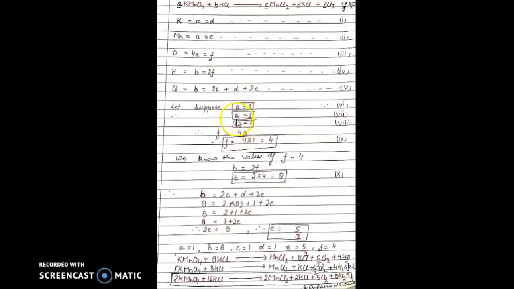So by doing so we get the values of A, C, D. Now here O equals 4A equals F. So from here we will take out the value of F. The value of A is 1, we put it here and multiply by 4, so it becomes 4. So we get the value of F as 4. Now we have the values of A, C, D and F.